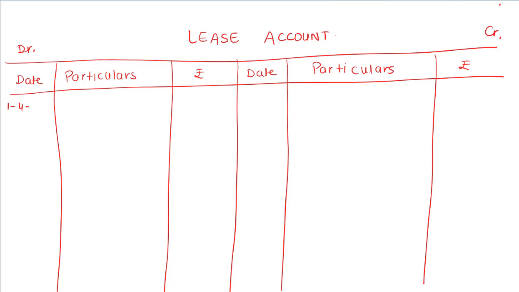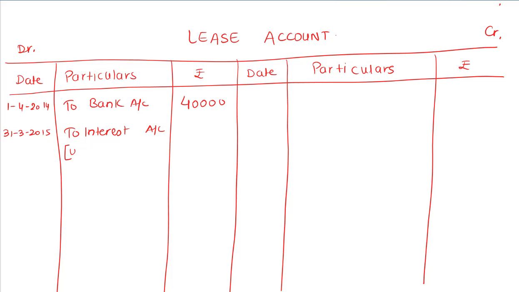On 1st of April 2014, lease is purchased to bank account, lease is 40,000. On the year end 31st March 2015, we need to charge interest at the rate 5% on this amount.